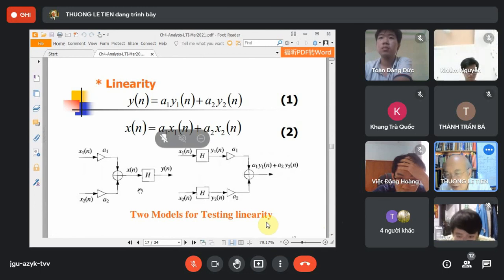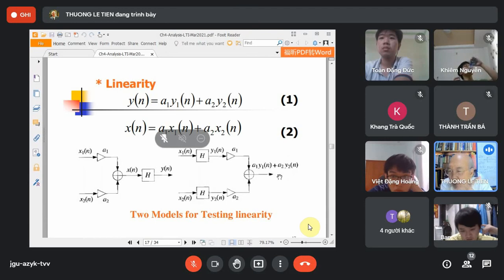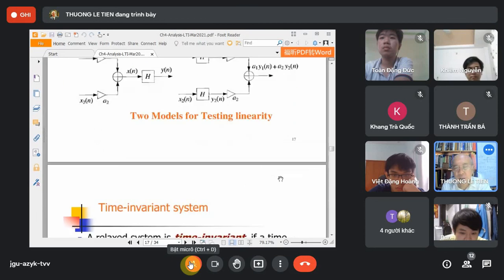We have output 1. In the second model, we pass the two signals through the system first, then take the linear combination. We have output 2. We compare output 1 and output 2. If they are equal, then the system is linear. Otherwise, non-linear. Okay? Two models. We will practice later on.